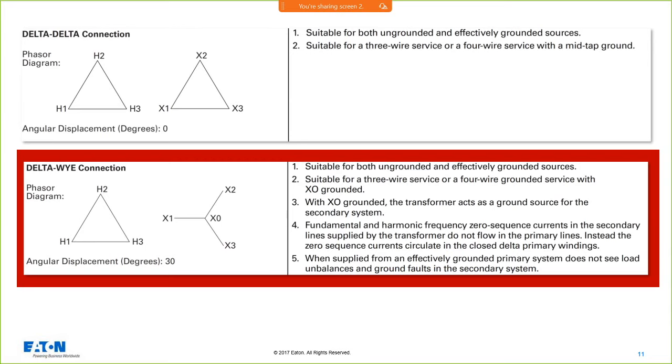Then connecting the transformers, I can connect the transformer in multiple configurations. Delta to delta for an ungrounded system. If I corner ground that, I can mid tap that. There's different things I can do. Essentially, when you see a delta delta, you have an ungrounded system, and that's what we used to do back in the day, well, back before my time. Ungrounded systems, and then you have the delta Y, and what we're very familiar with is a delta Y ground. When you ground XO, the transformer basically establishes a ground for the facility.